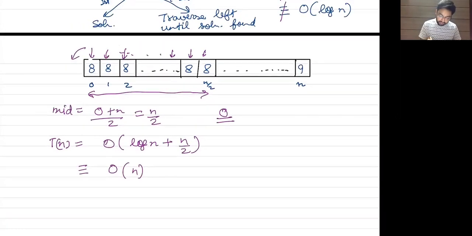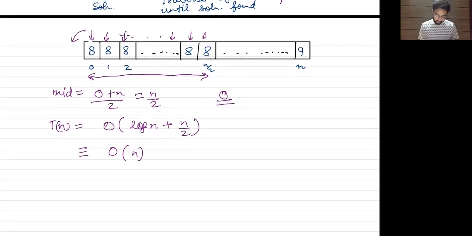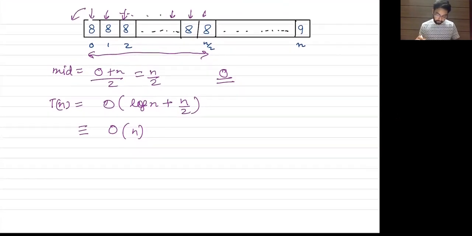In this case, we can definitely say if this is not the solution, it lies in the left half for sure. Instead of that, what we did in this approach was we started traversing linearly, which is why in the worst case, we got the time complexity of order n.